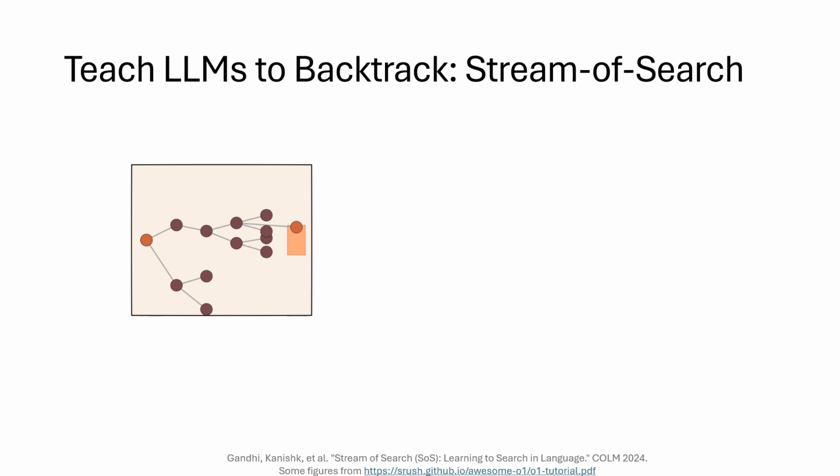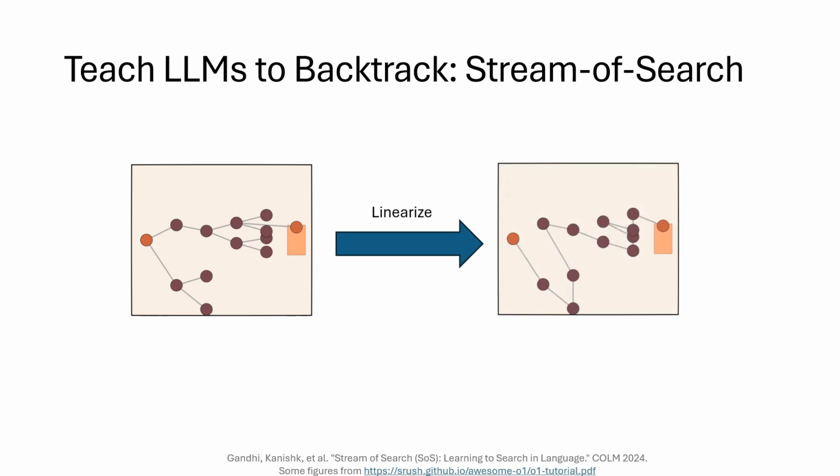We start with some search tree and try to linearize it by casting the sibling nodes to child nodes or other nodes. So we convert this tree structure to a chain or linear structure. Then we can use typical next word prediction to train the model. This is the key idea behind Stream of Search: how we can teach the model to backtrack and do searching.